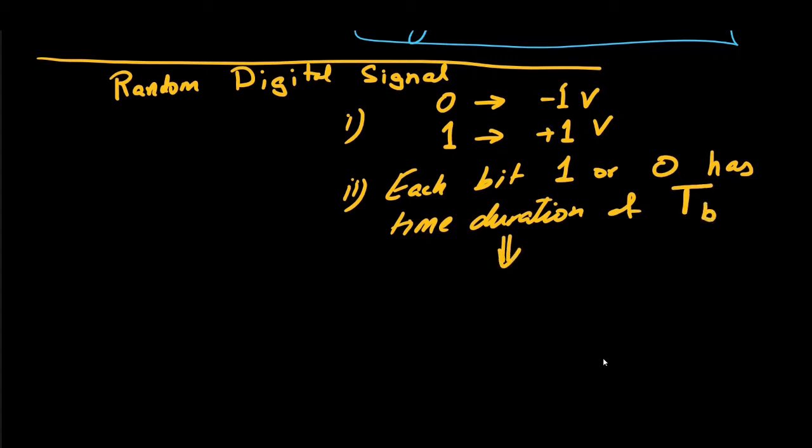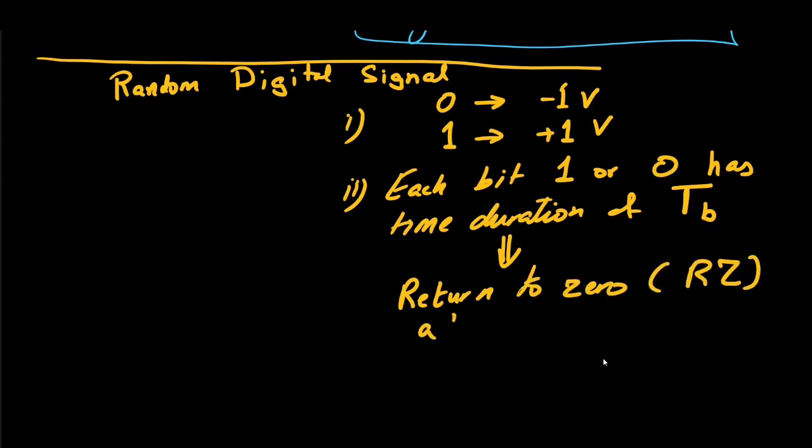Moreover, the actual time in which the bit is plus 1 or minus 1 is half. That is, we have a return to 0 after a time of TB by 2.